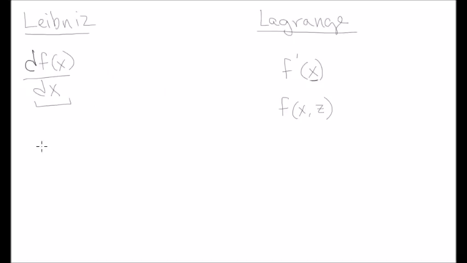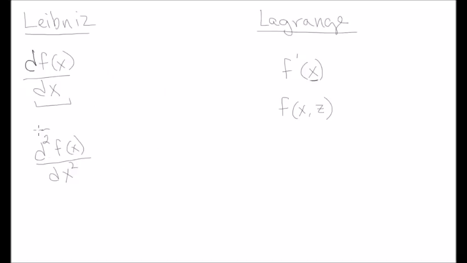Leibniz's notation is a little less clear when it comes to taking the second derivative. So if I want to denote the second derivative of the function, it is d squared f of x dx squared, which is a little obnoxious.